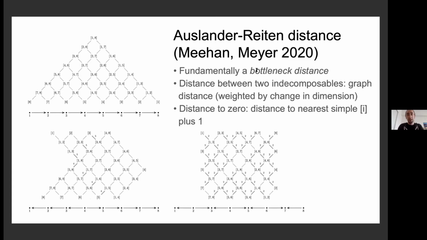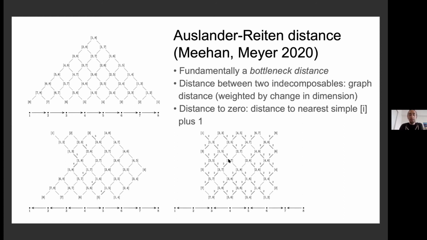How do you make this into a distance? Graph distance. So what we're about to define is fundamentally a bottleneck distance from the outset. It has no non-bottleneck form. All we do is reduce things to indecomposables and then pair up and measure. So the distance between two indecomposables in this bottleneck distance we propose is going to be the graph distance within the Auslander-Reiten quiver.